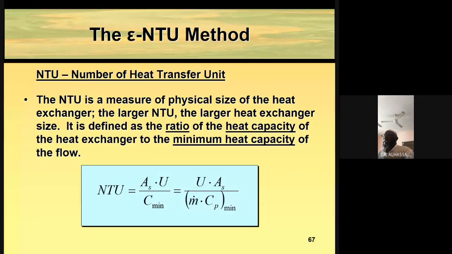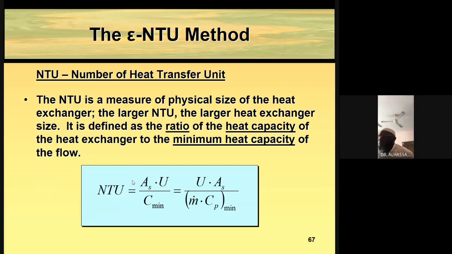So now, the NTU is a measure of the physical size of the heat exchanger. The significance of the NTU is it tells you about the size of the heat exchanger.